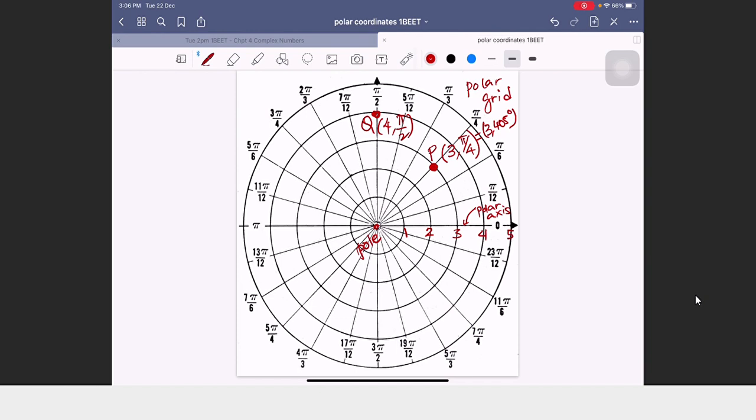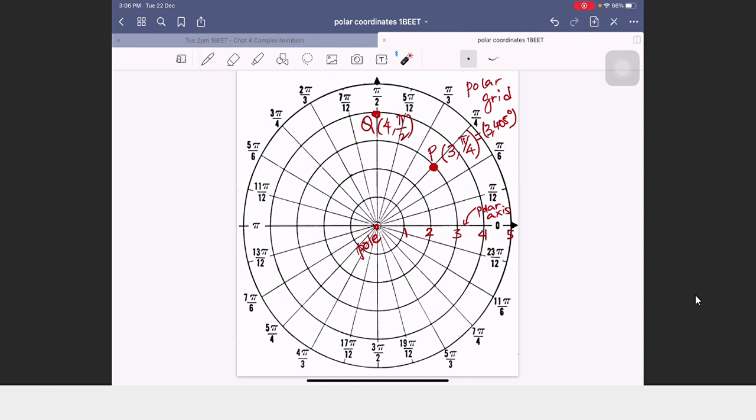And not only that, you can go 2 rounds, or 3 rounds, or 4, 5, 6, and so on. Or you can also go in the clockwise direction. Clockwise direction will give us a negative angle.